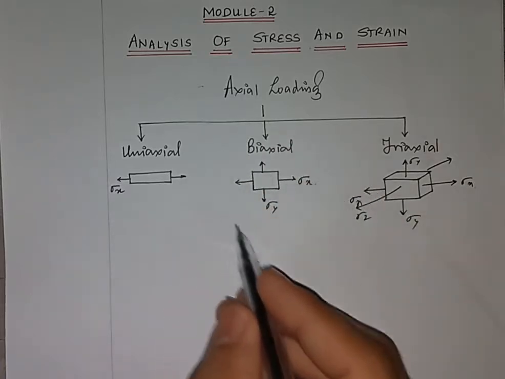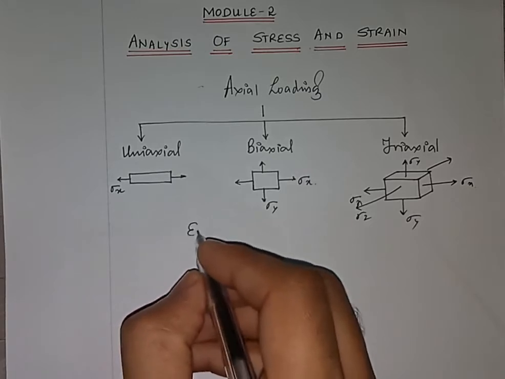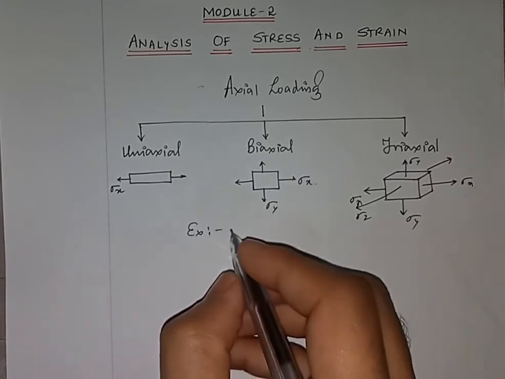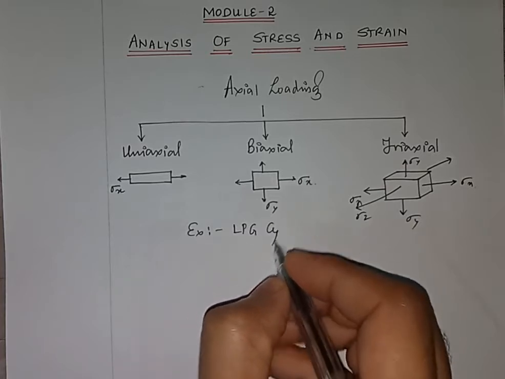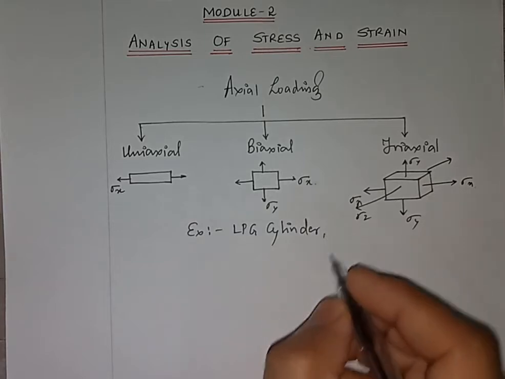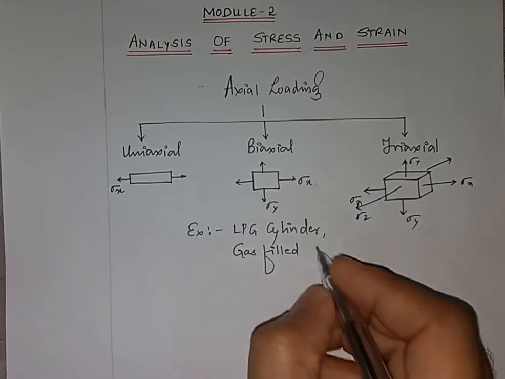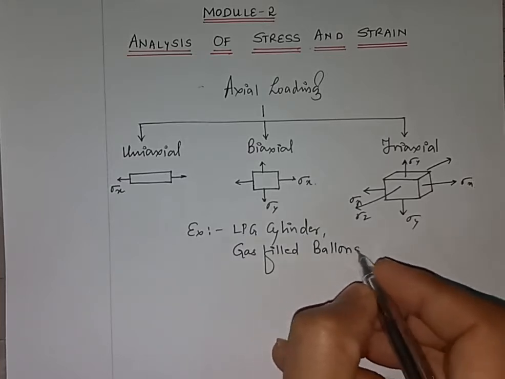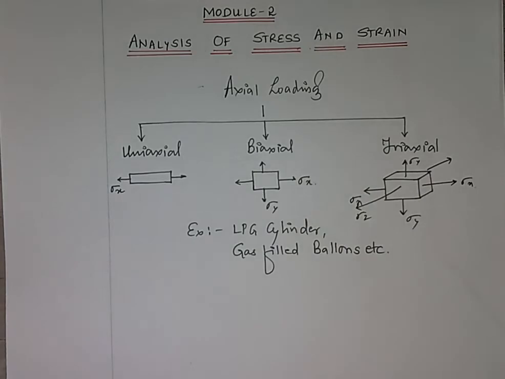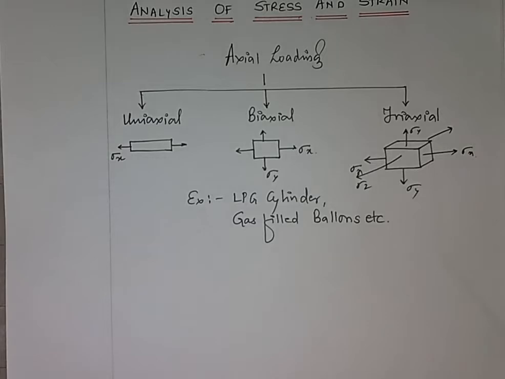So let me tell you in detail regarding biaxial stresses. The examples of biaxial stresses are an LPG cylinder, gas filled balloons, etc. Now let us know why I am calling an LPG cylinder a biaxial state of stress.